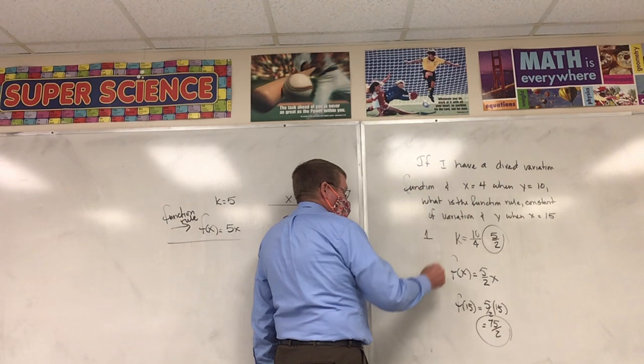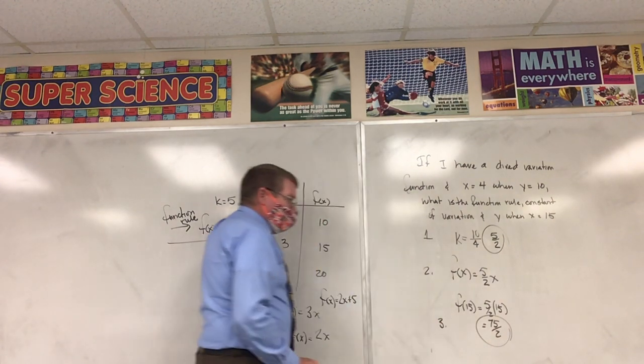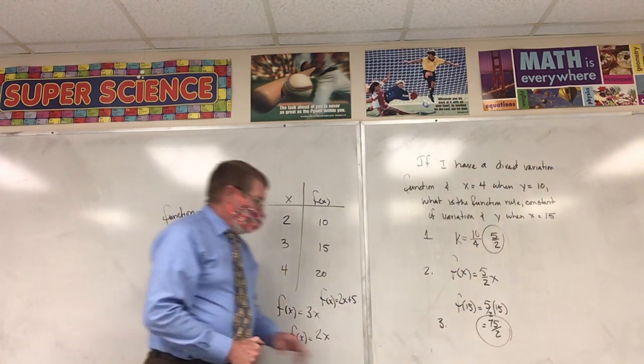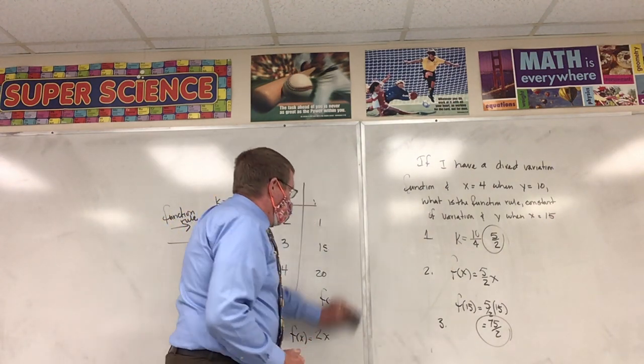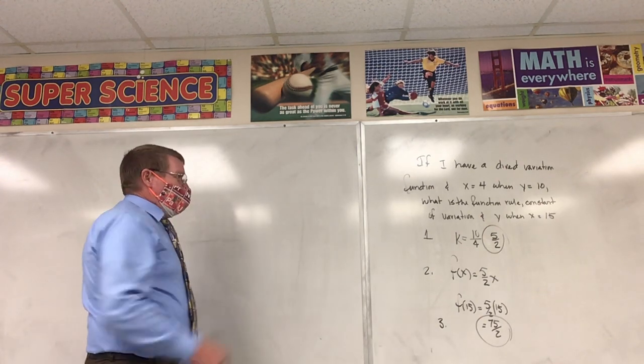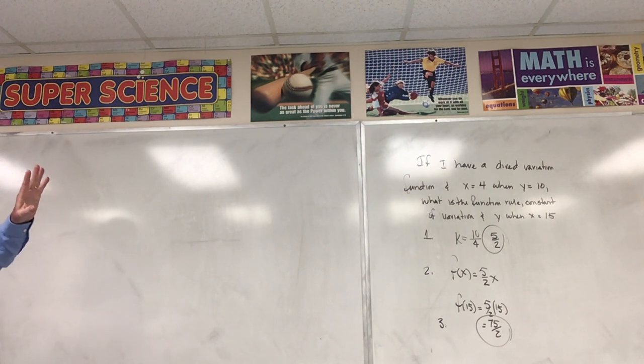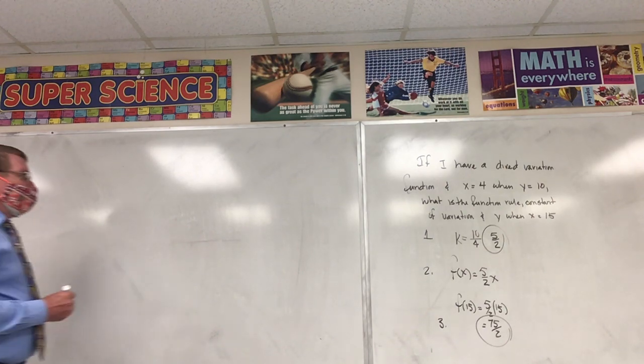Question 1, question 2, and question 3 is what I'm looking for when I have things like this. And this is finding my missing part using the direct variation function rule.